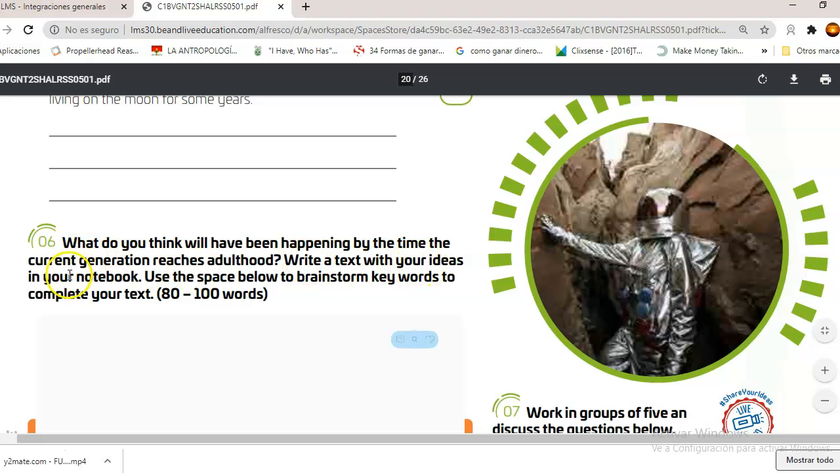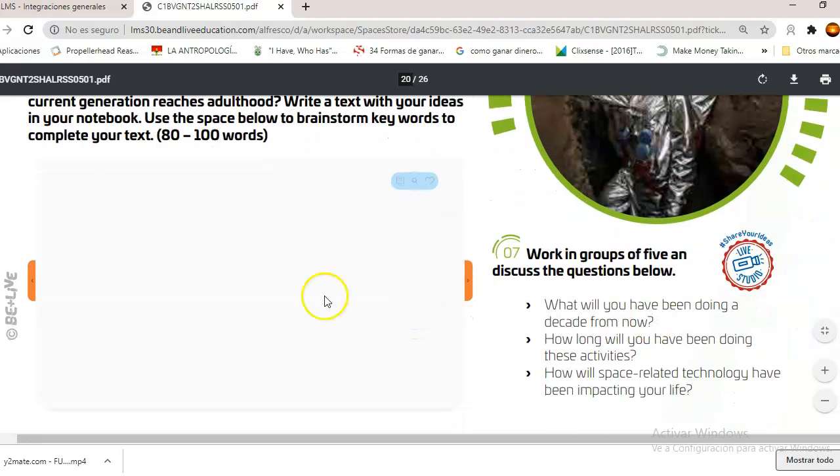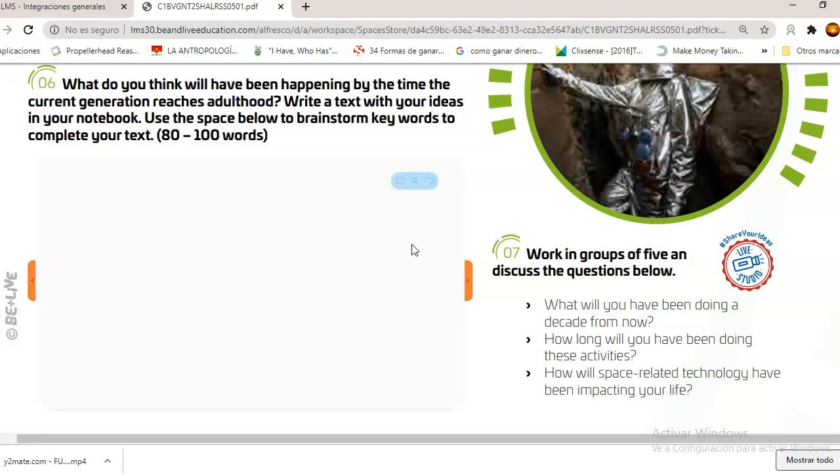Write a text with your ideas in your notebook. You will not write it within the notebook. You can write it in this little space that you have provided here, and you can do it for 20 words. Just make sure you use the will, the have been, plus the progressive form of the verb.